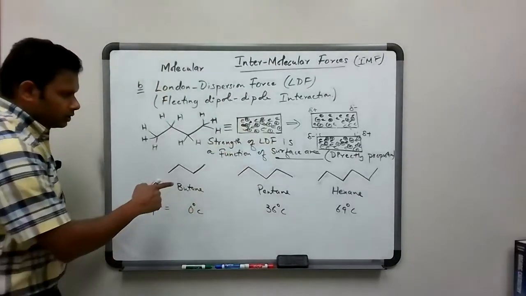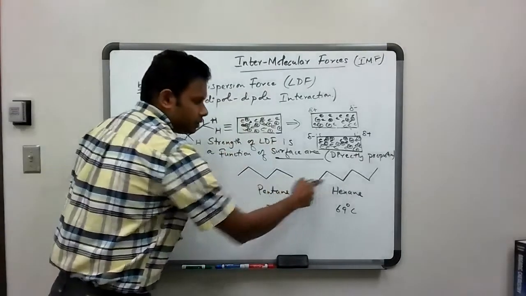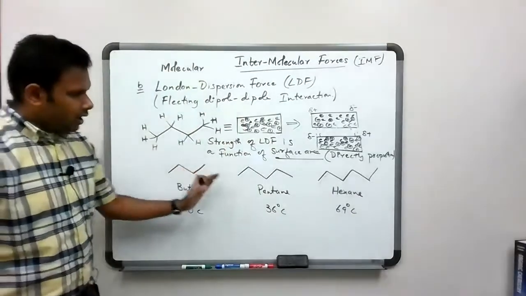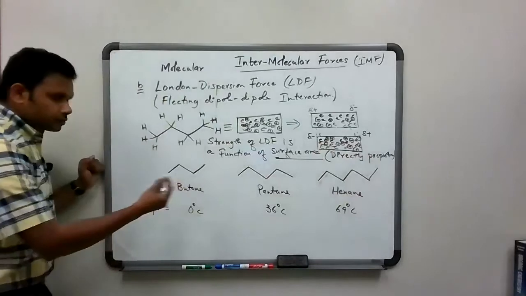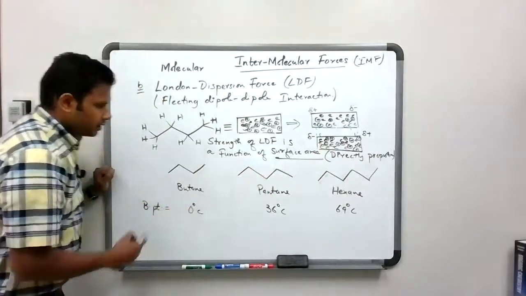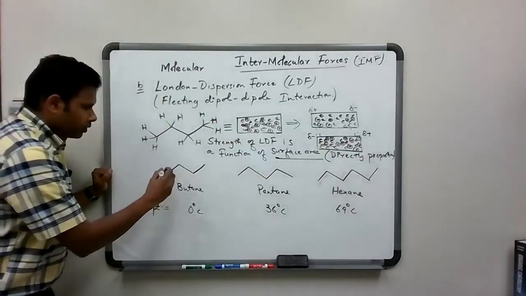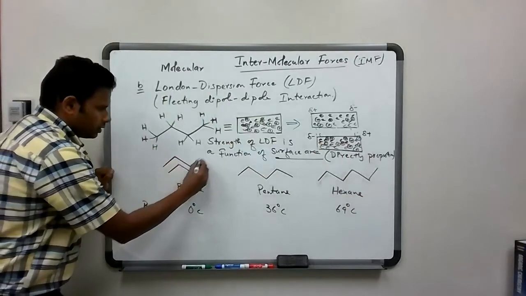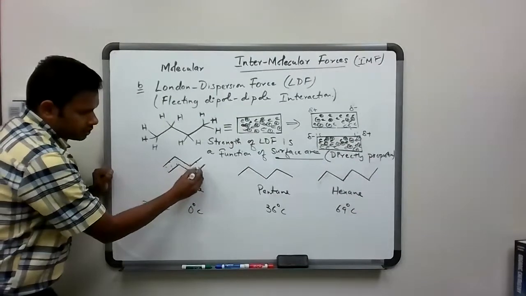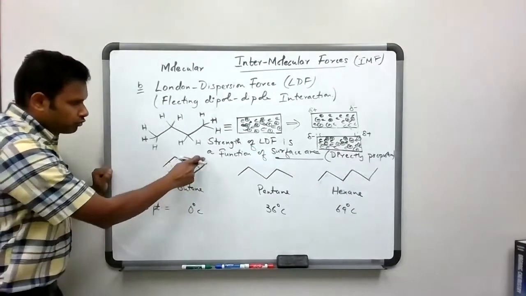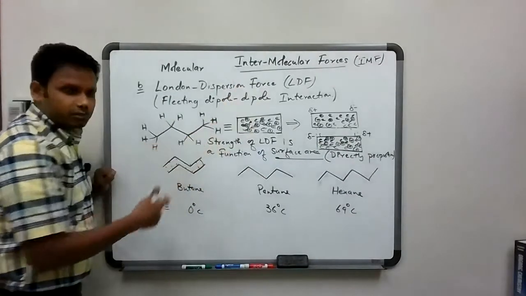What you notice is the difference between these molecules as you add carbon atoms is that the surface area increases. If you have one butane molecule and another butane molecule, they only have this much surface area to form these London dispersion forces.